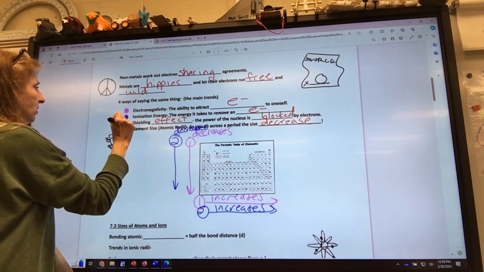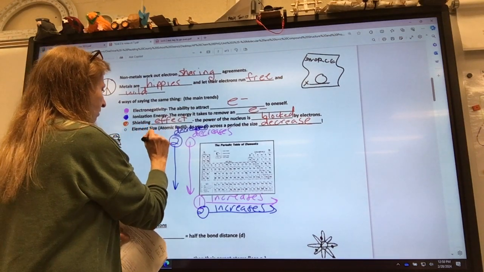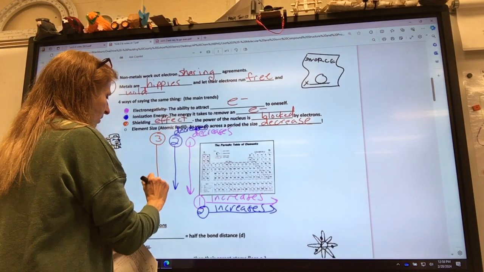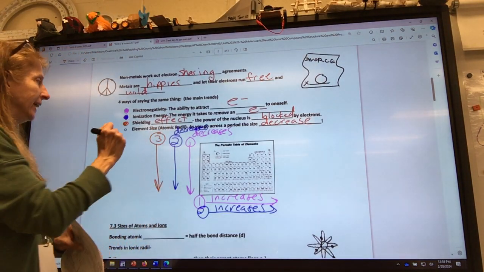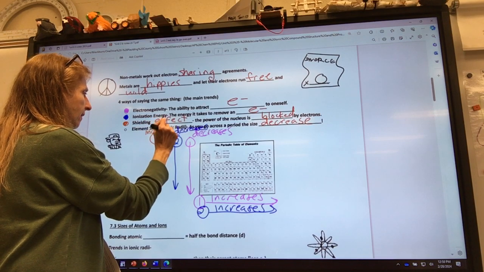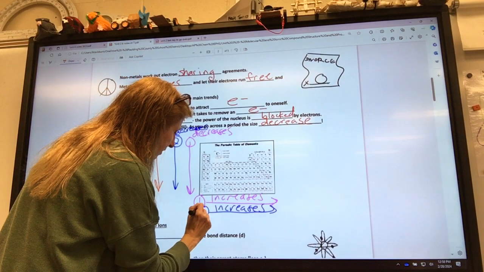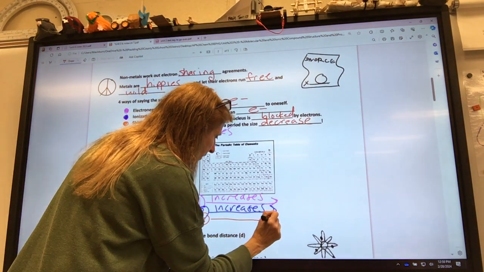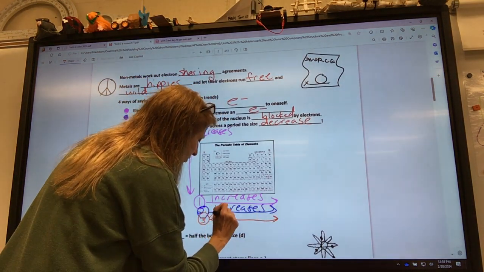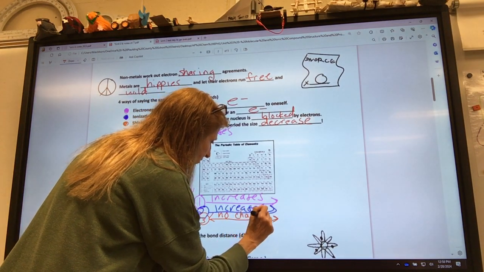Okay. Shielding effect, as you go down a column, it increases. As you go across a period, there is no change. Stays about constant.